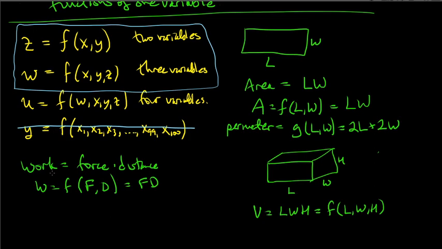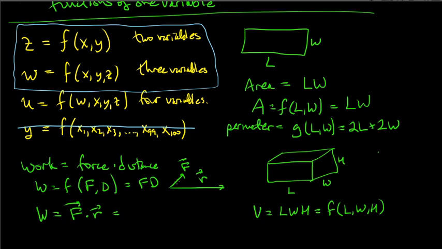Although we have talked about this very briefly, I think way back when we talked about the dot product. Remember, work in that case was the force dot product with the displacement. So if the force and the displacement are not in the same direction, then you have to take the dot product. And so then it becomes a more complicated function.